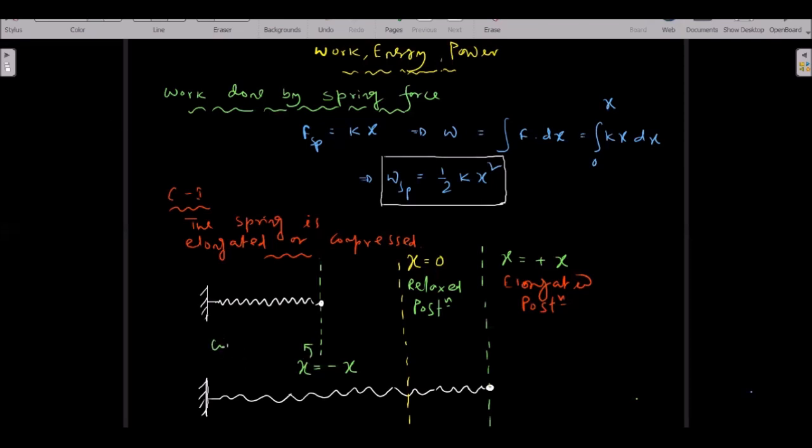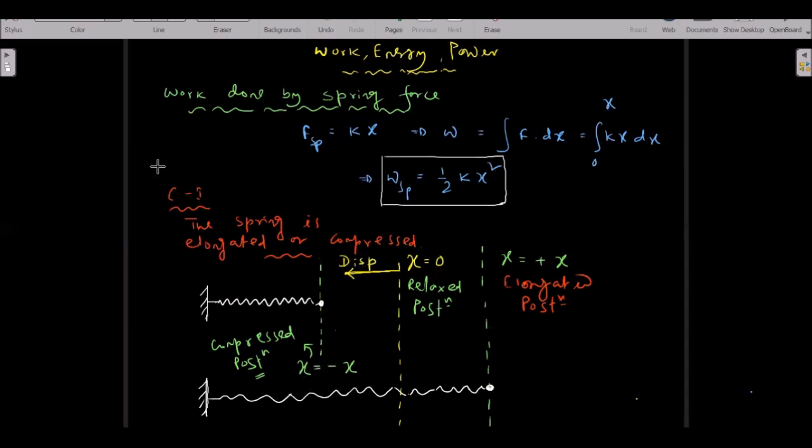Now this is very easy to understand. When the spring moves from the relaxed position to the compressed position, can I write that this is the direction of displacement?